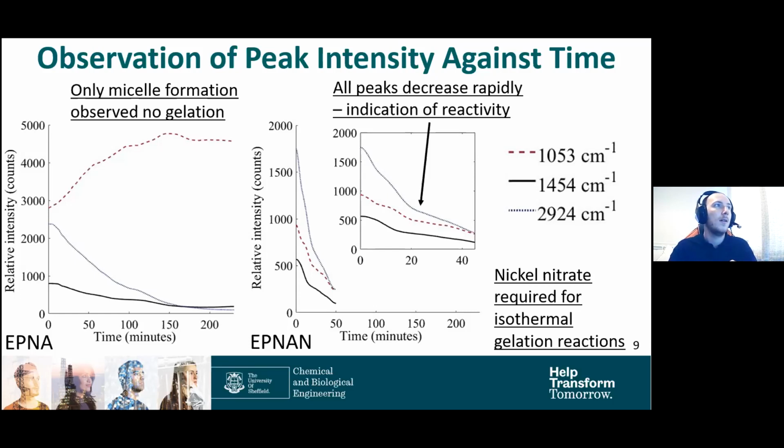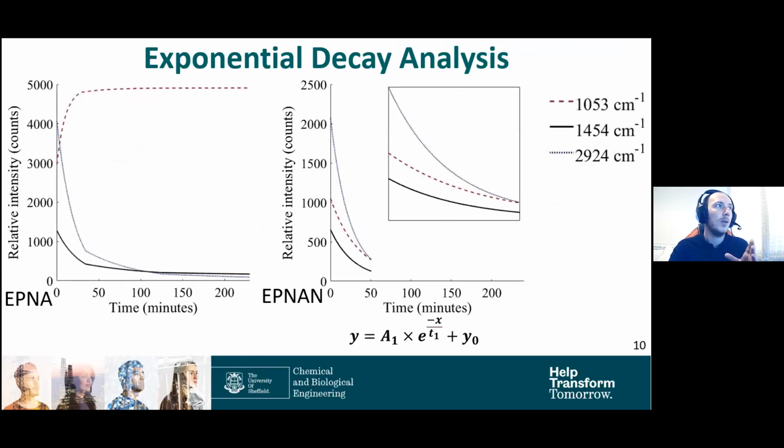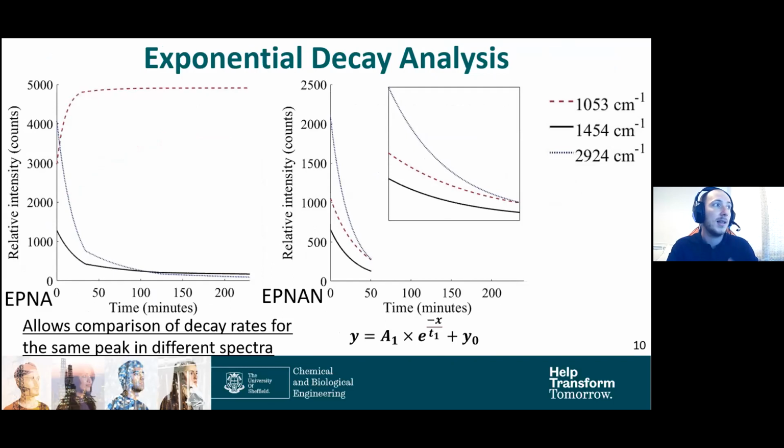But now here we're looking at exponential decay analysis fitted according to this equation here, to find out the rate of decay for each of the intensity of the peaks, because this allows for the better comparison of the decay rates from one spectra to another.